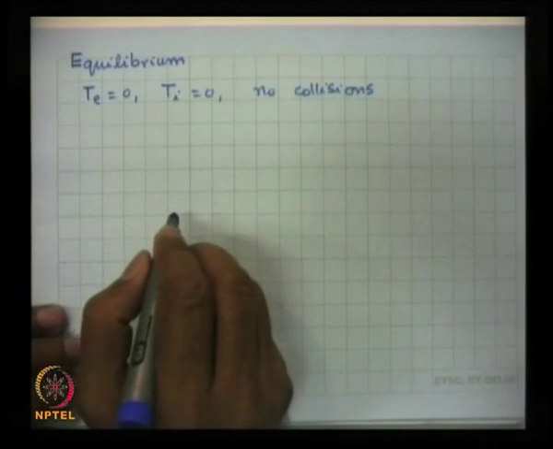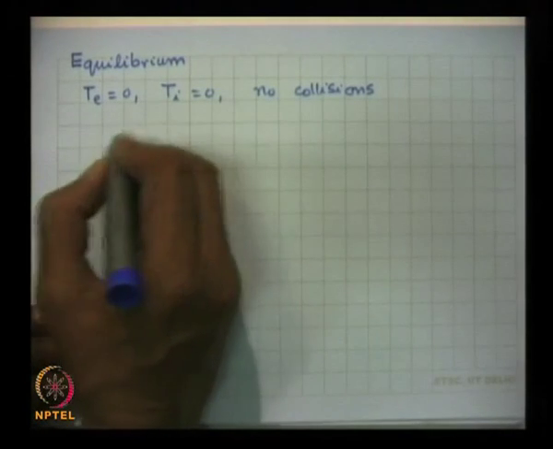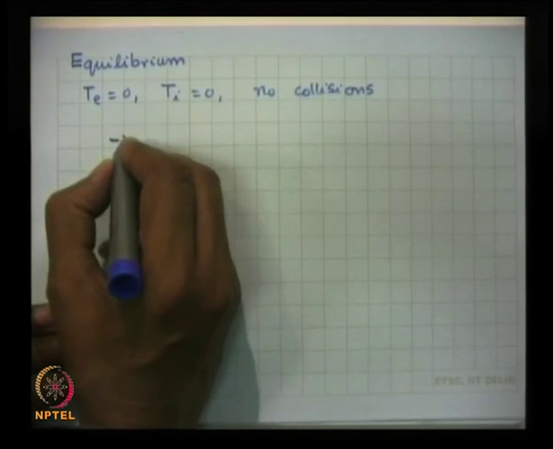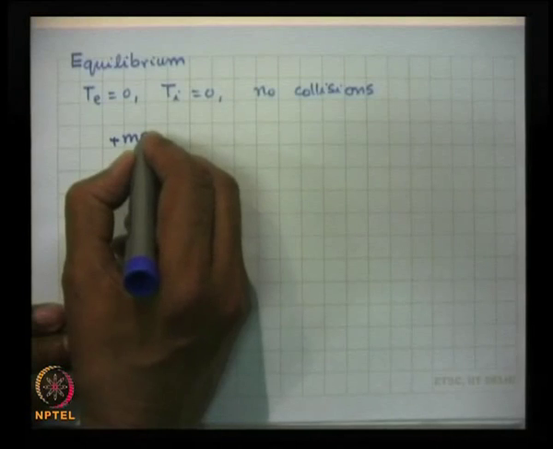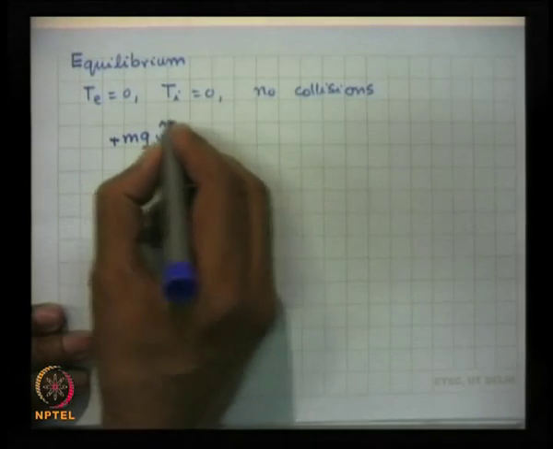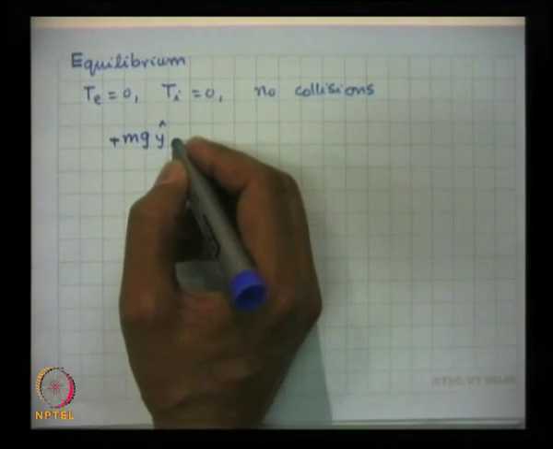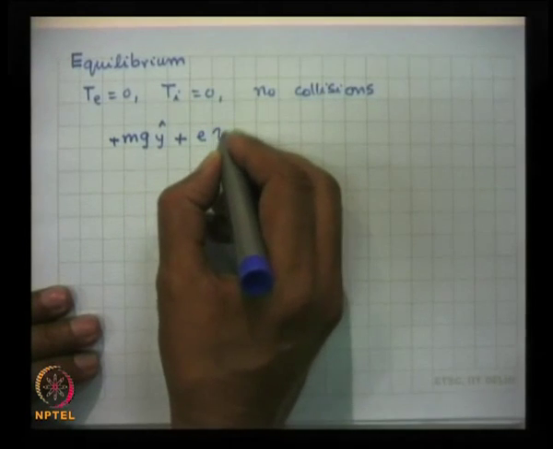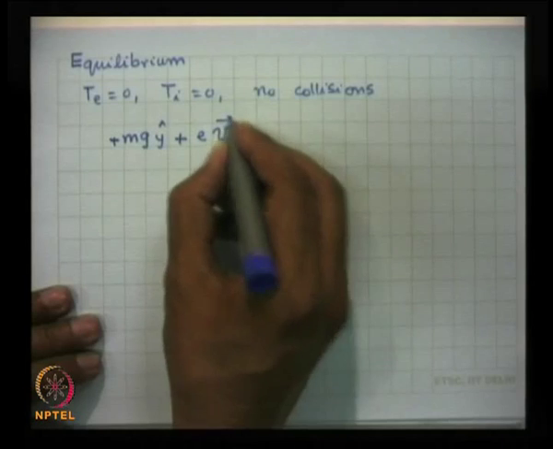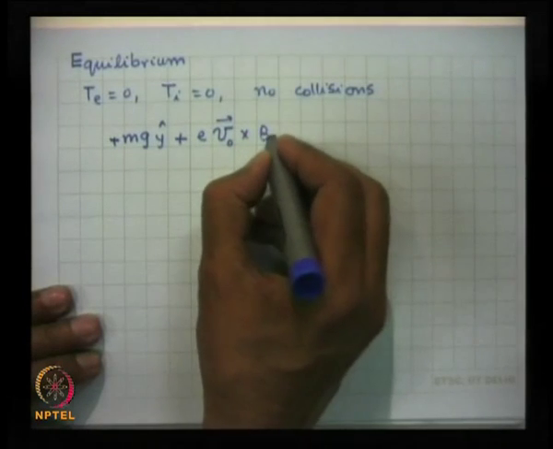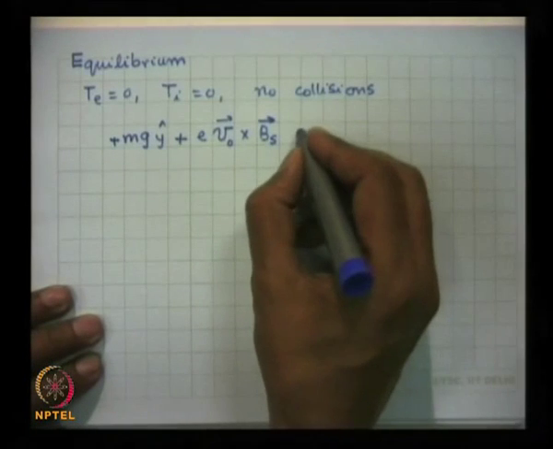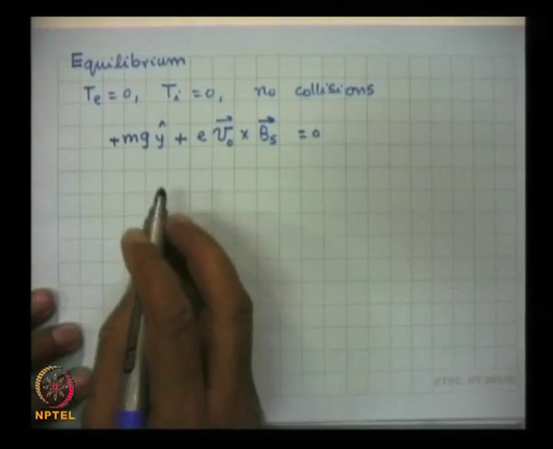I am considering a plasma in which the gravitational force, which is plus mg in the y direction, is balanced for ions. Let me write down for ions, plus e V0 cross Bs. Now, let me equate this to 0 in equilibrium.